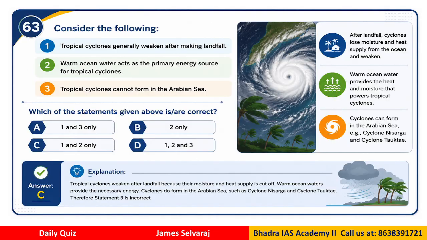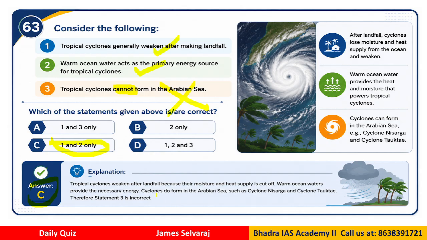Okay, so if you look at the correct answer, tropical cyclones weaken. So the correct answer is C. That means 1 and 2 only. So the tropical cyclone generally weakens after making landfall, and warm ocean water acts as the primary source. But the problem is here, it cannot form in the Arabian Sea. This statement is wrong.